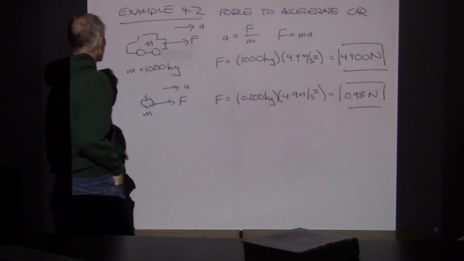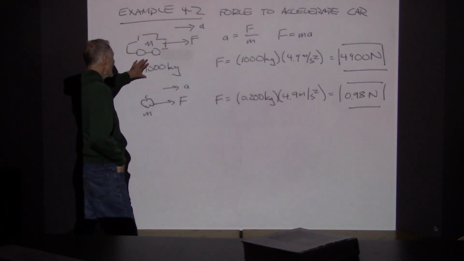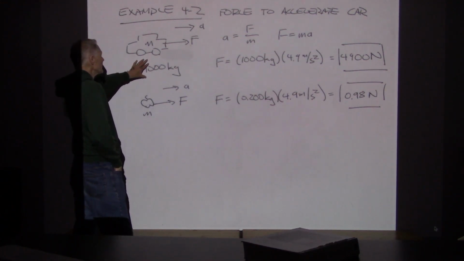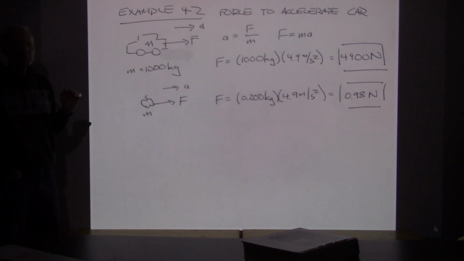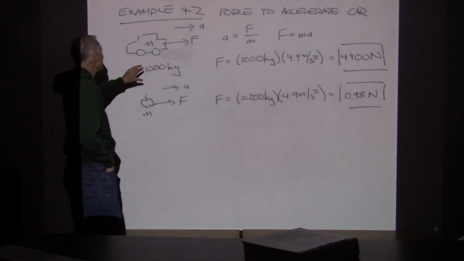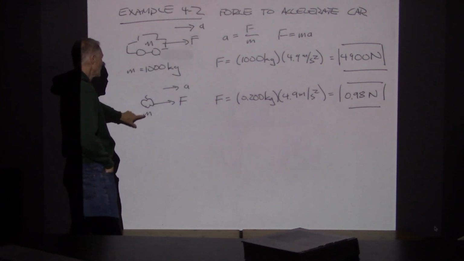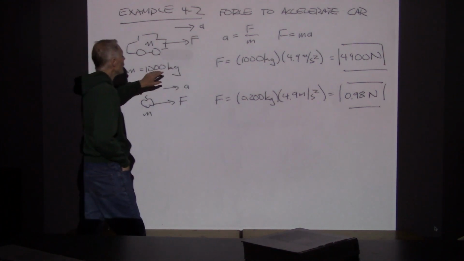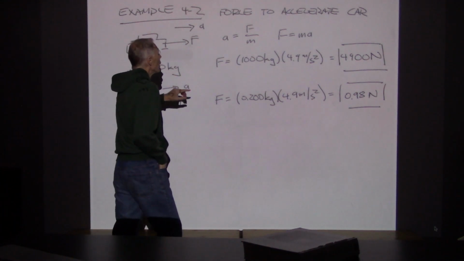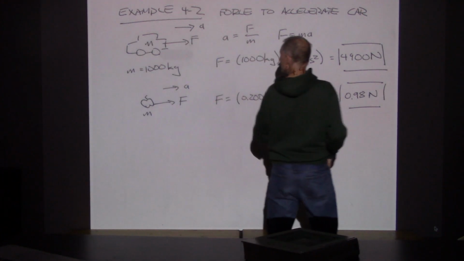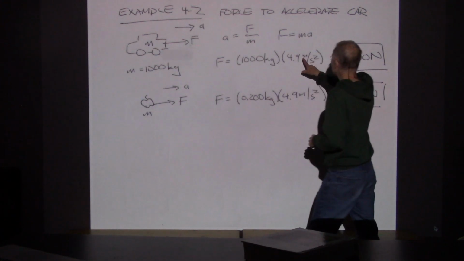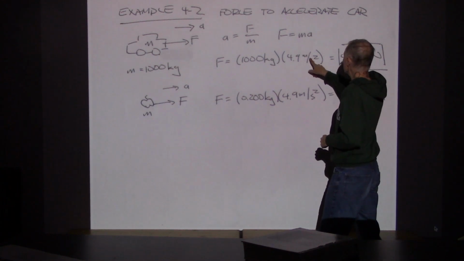Here is that first problem. Here is a car. It's got a mass of 1,000 kilograms. Does that make it massive? I'm not sure. Anyway, it's got a mass of 1,000 kilograms. That's an inertia property. Here is an apple. It's got a mass of 200 grams. And what we're going to do is come up with an acceleration which is 4.9 meters per second squared.